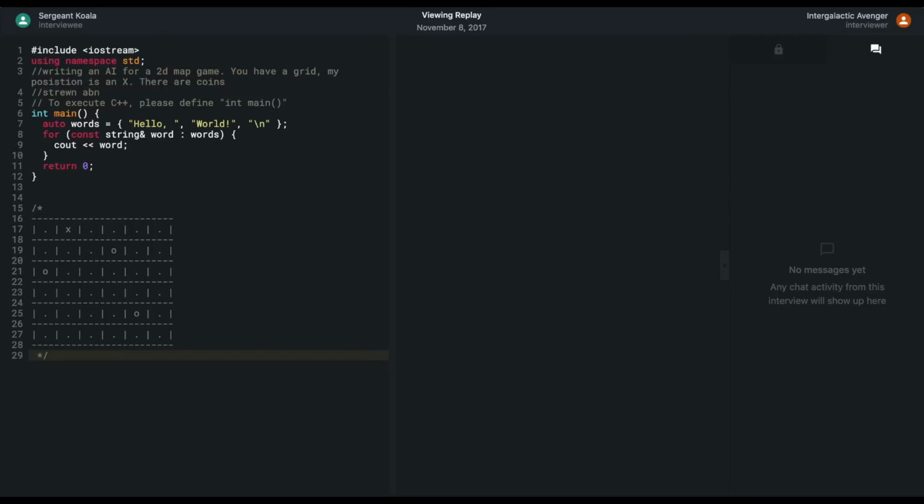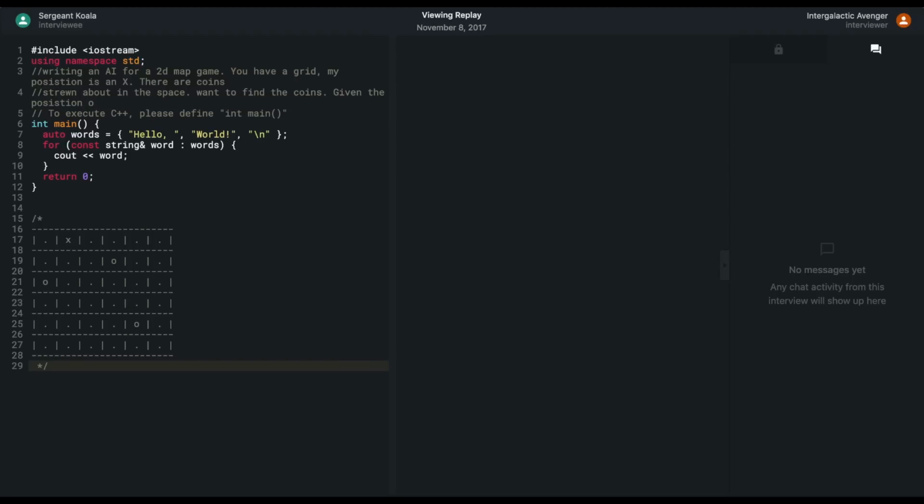So you're just moving around on this grid and finding these coins. Let's start with something pretty basic: given the positions of all of the coins in the grid and your own position, find an algorithm that will find the closest one.